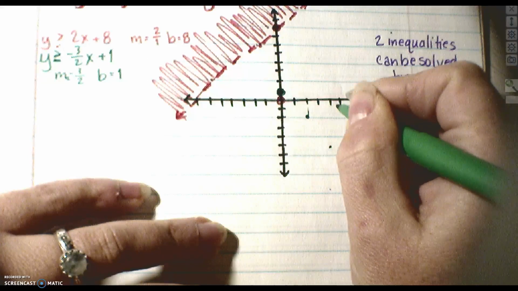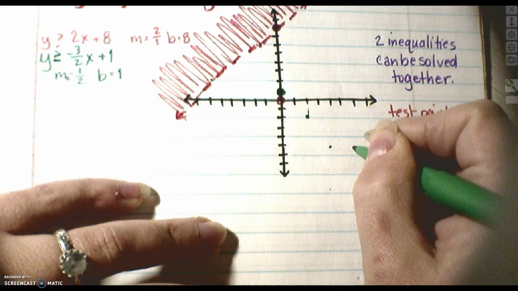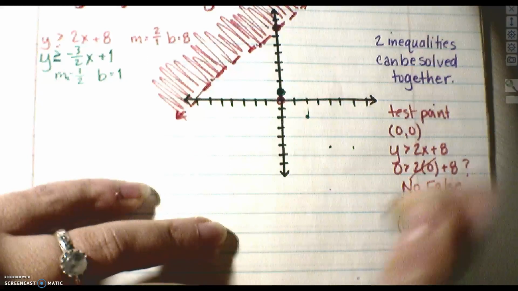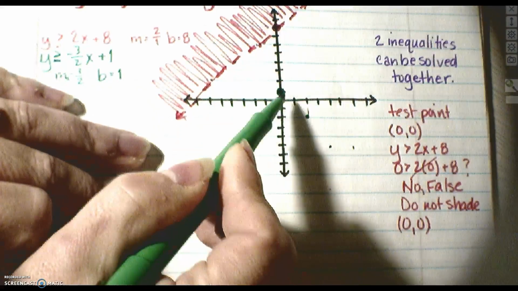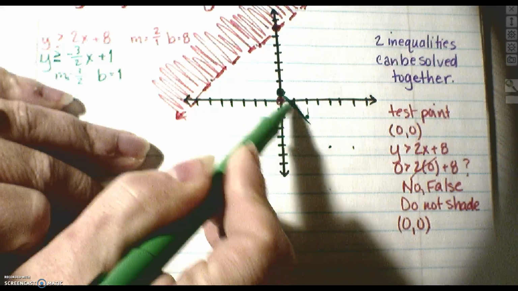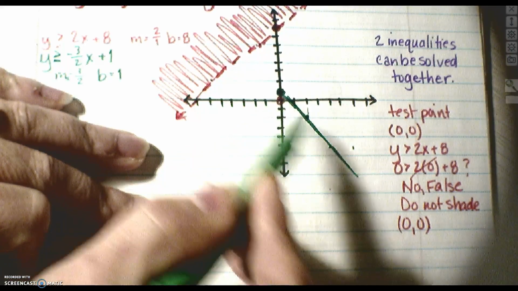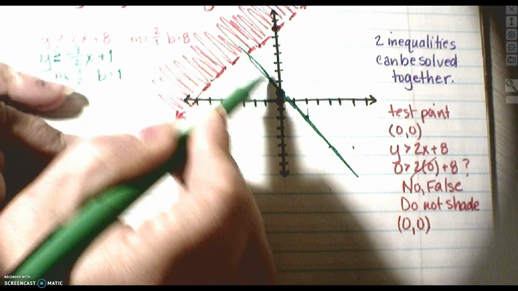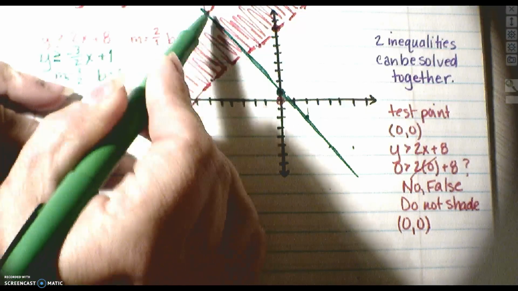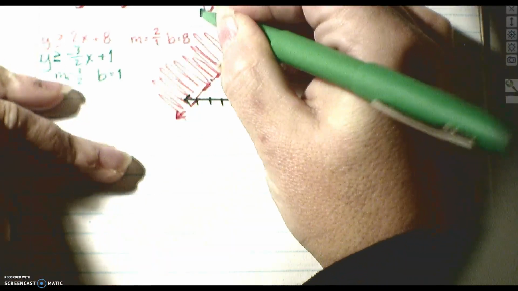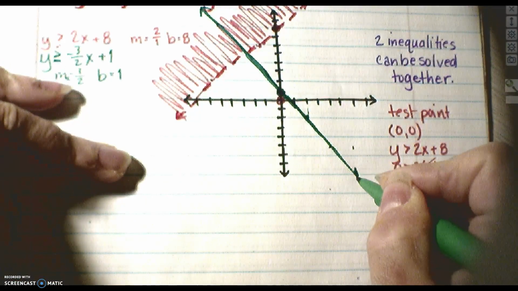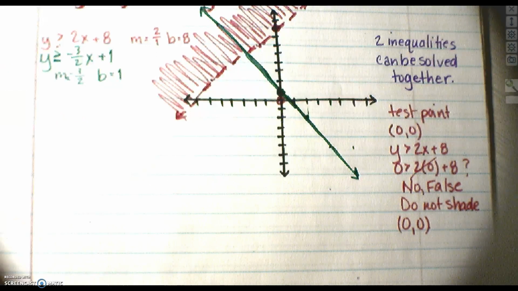There. Okay. It's a solid line this time. So we've got this nice solid line, and now we have to figure out where to shade it.